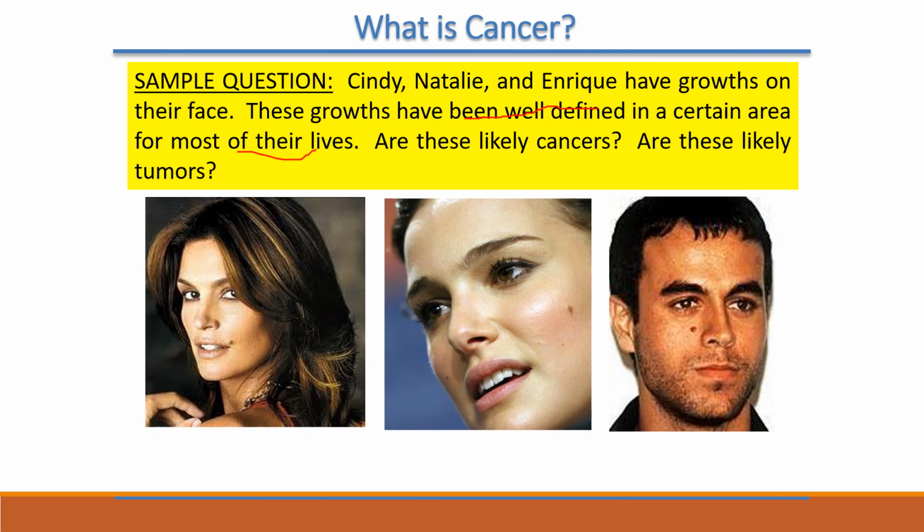There are more things to determine if this is a cancer or in the future will turn into a cancer or not. So we don't have enough information to determine definitively, but based on that it is well defined and they have been there for all their life, we might say that this person should go to the doctor, talk to the doctor, and it's very likely that they don't have anything.